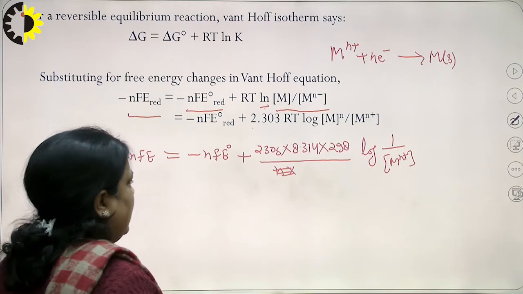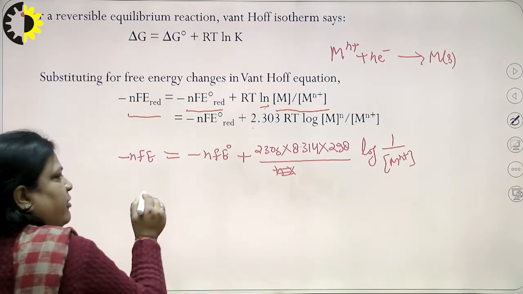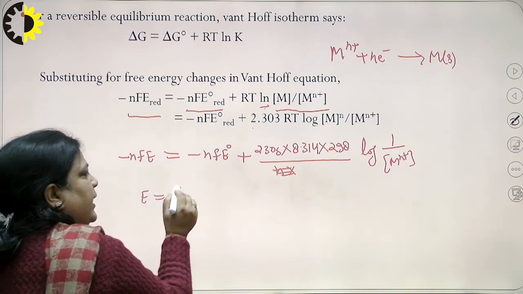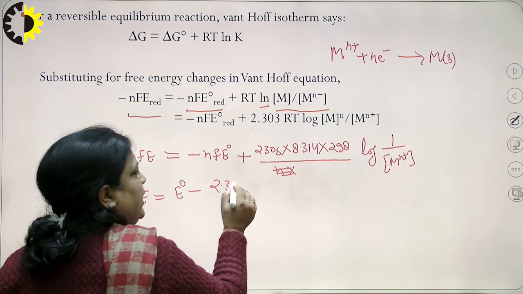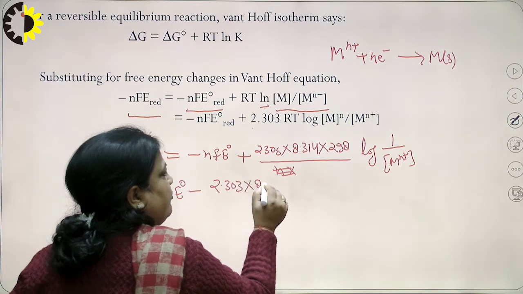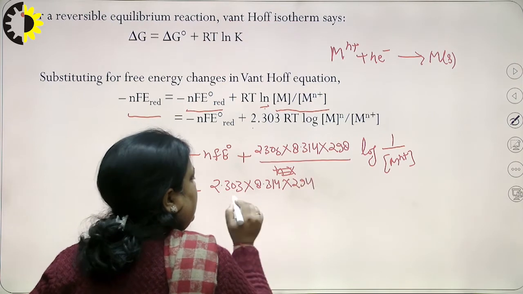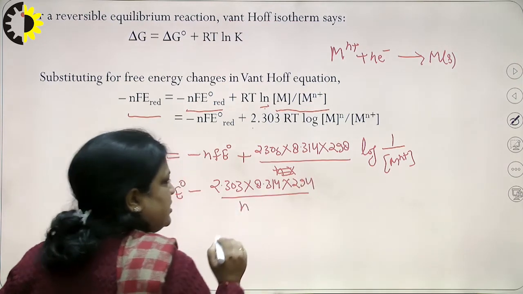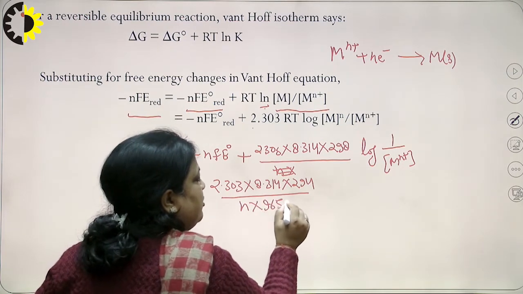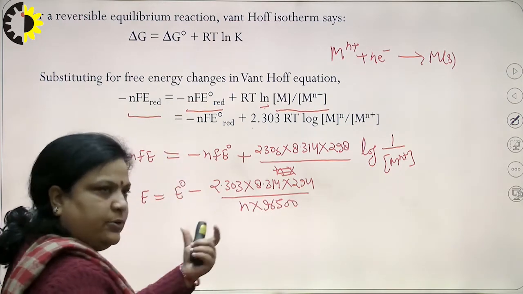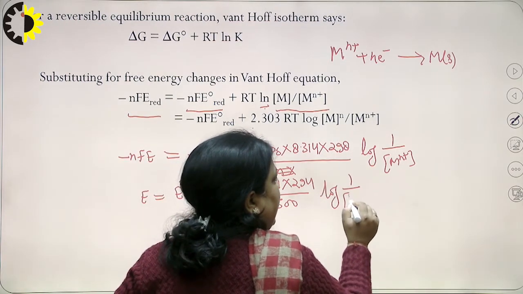When we divide the overall equation by minus nF, it becomes E is equal to E naught minus 2.303 into 8.314 into 298 divided by n, where n is the number of electrons involved in this reaction, multiplied by 96500, which is 1 Faraday, and log of 1 upon Mn plus.